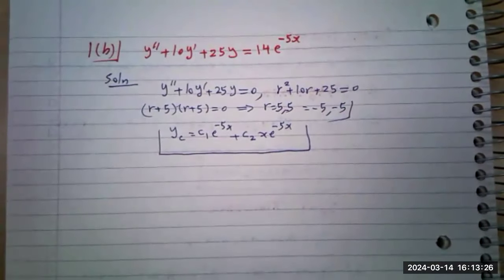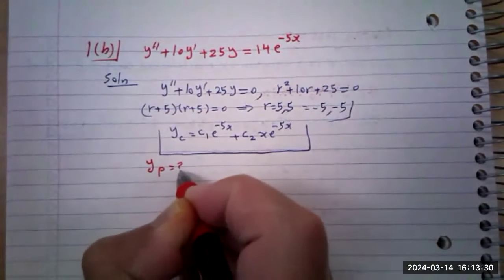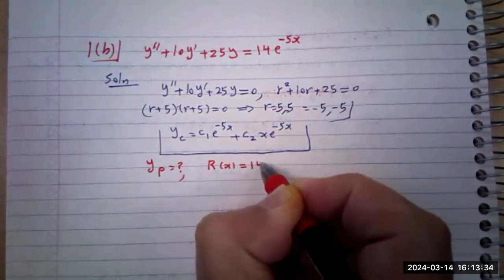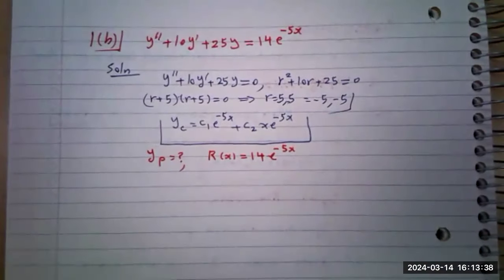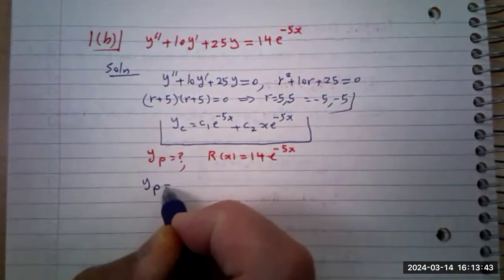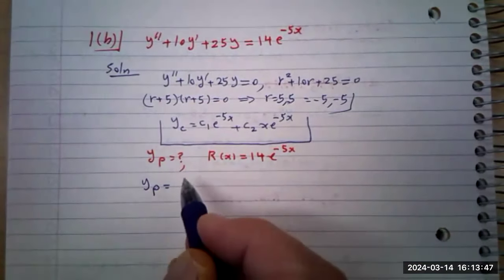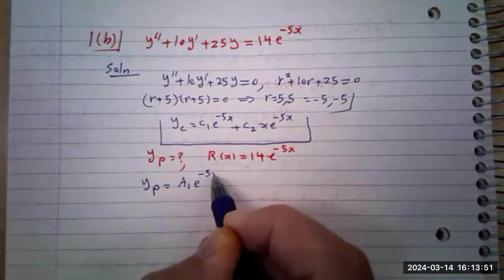Okay, any question? So we need the yp. Your r of x is a constant times e to the negative 5x, 14 e to the negative 5x. So the form of the yp is going to be a constant with an undetermined coefficient, a1 e to the negative 5x.